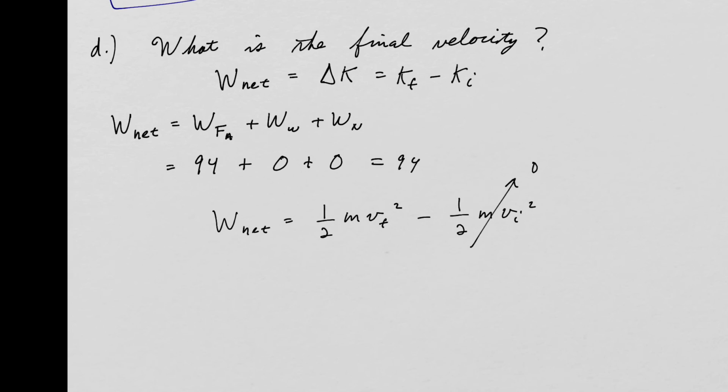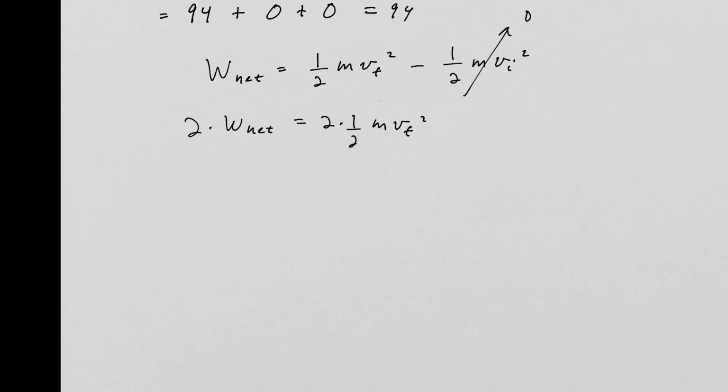You could just solve this algebraically for v final. If I multiply both sides by 2, then I'm going to have 2 times the net work is equal to m v final squared.